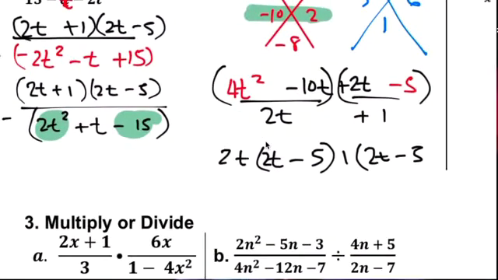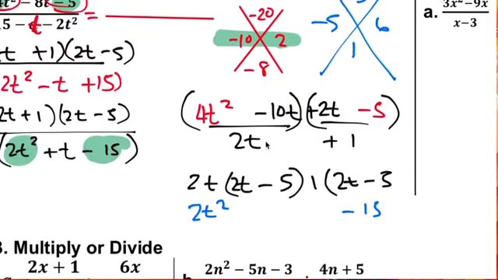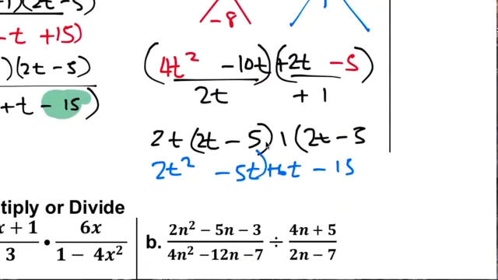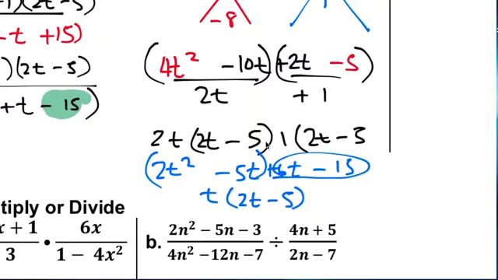So we get 2t squared minus 15, and you have to minus 5t plus 6t. Group this together, t comes out with 2t minus 5. This here, 3 comes out, get 2t minus 5.